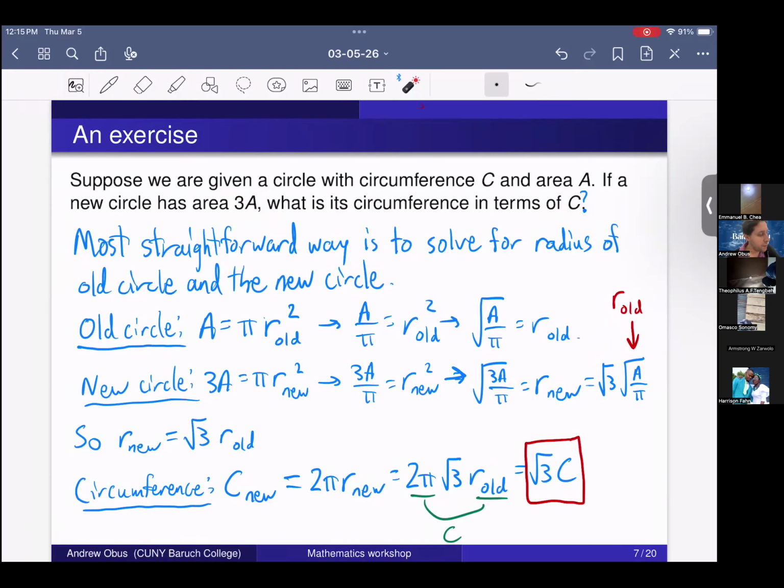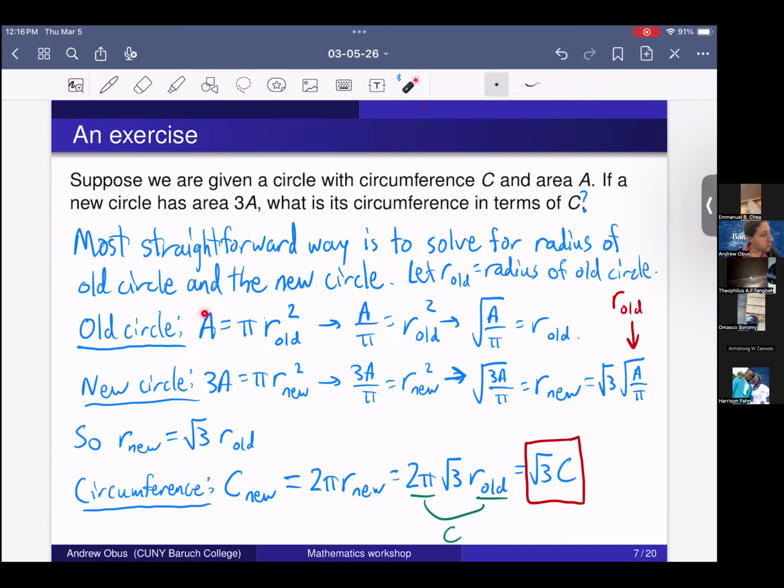The most straightforward way to do this is to solve for the radius of the old circle and the radius of the new circle. And the way we do this is that we have a formula relating the area to the radius. A is the area of the old circle. Let R sub old equal the radius of the old circle, and R sub new means the radius of the new circle.